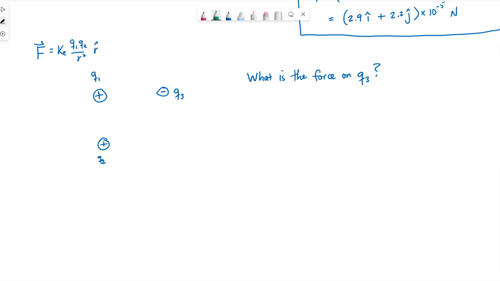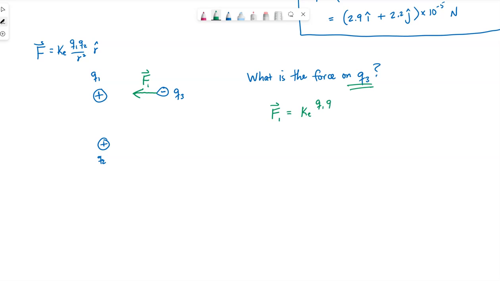So charge 1, because it is positive and Q3 is negative, Q3 is attracted to charge 1. So draw the force vector on the charge you're trying to find the force on. Just what is this charge experiencing or feeling because of Q1? We would find F1. We would have our constant.